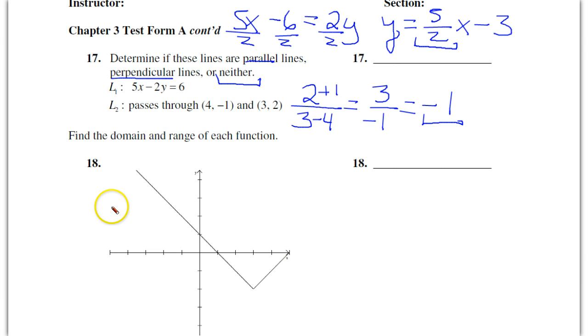Okay. Now, for something like this, where they're asked to find the domain, I usually go like this. The domain is what? Remember, domain are your x values, and the range are your y values.